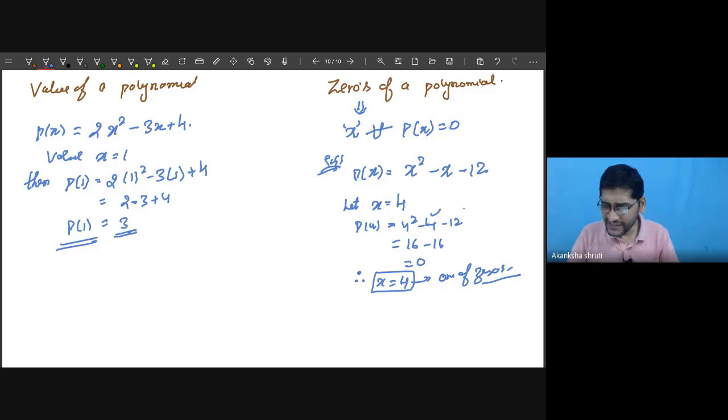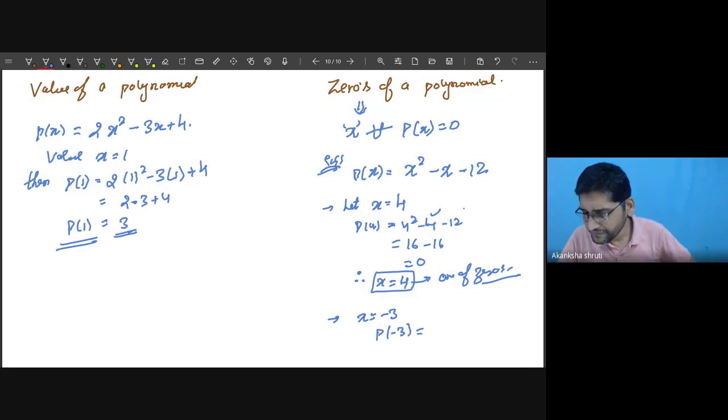So how to find these zeros that we have learned? Use the factorization method to find these zeros. The other zero: if you take x equals minus 3, then still you will get the same result. Take p of minus 3, put the negative value here. So minus 3 square minus minus 3 minus 12.